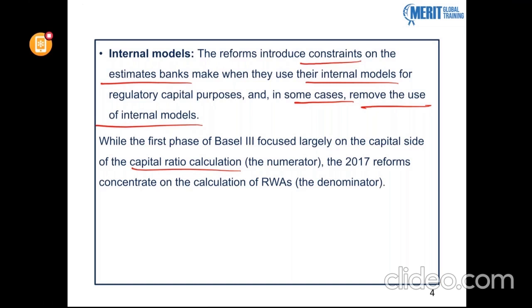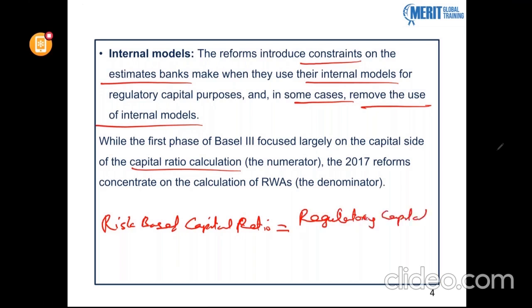So we discussed all that under Basel III, and our focus was just on capital under Basel III, but the focus of Basel IV is on RWA calculation, which is the denominator. Remember, your risk-based capital ratio is equal to your regulatory capital divided by your RWA. This regulatory capital was the focus of Basel III.